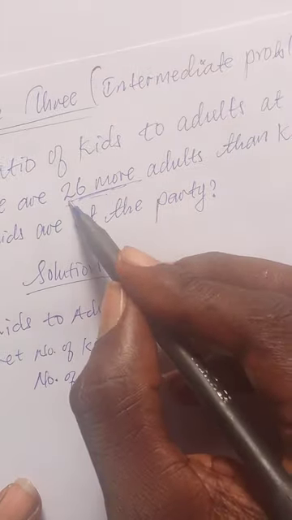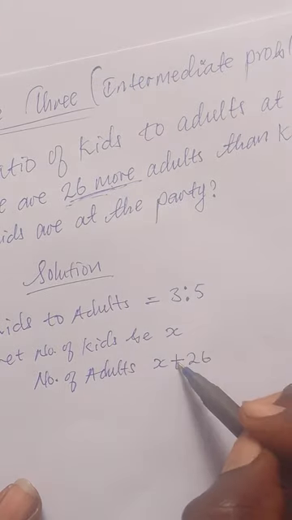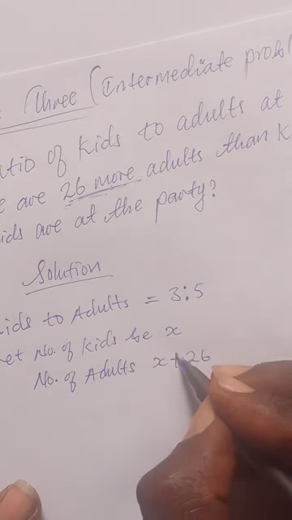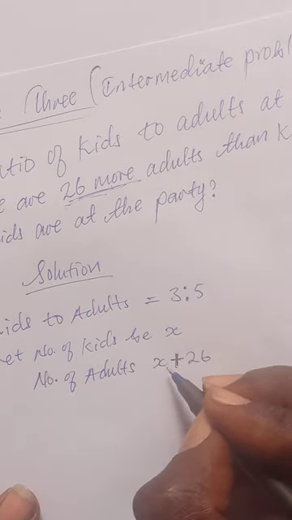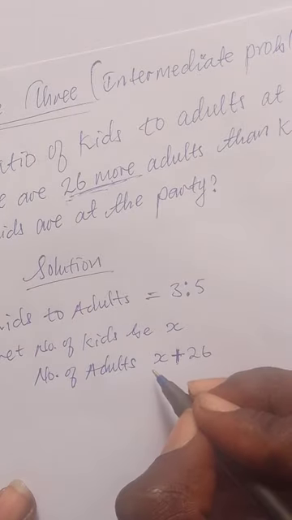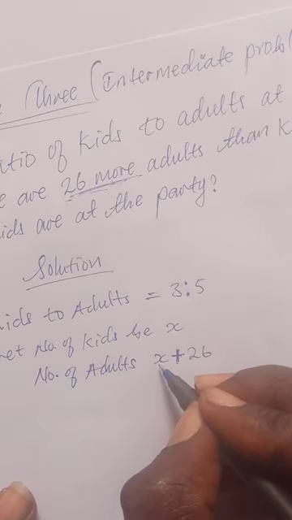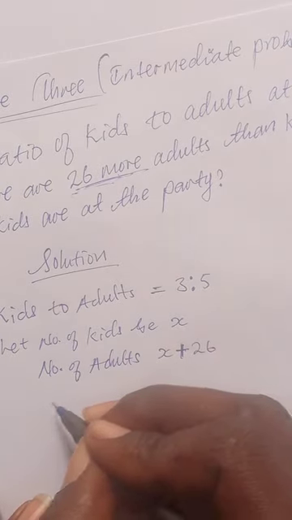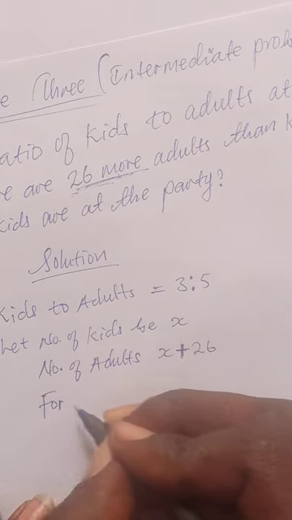You see, 26 more, it's plus 26, which means the number of adults at the party is 26 more than the number of kids. So we can form a ratio with this. Let's form a ratio.